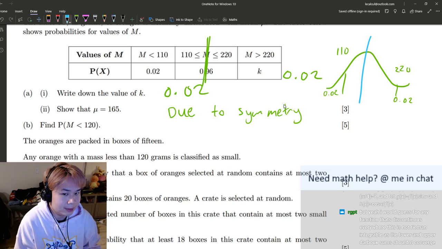The mean has to be right in between 110 and 220. So I'm assuming that is what you get when you take 110 and add it to 220 and divide by 2.